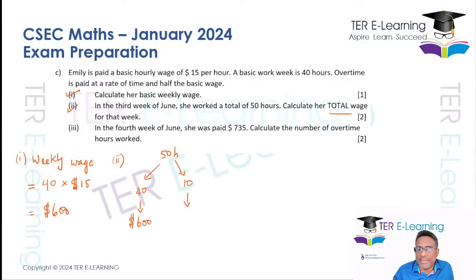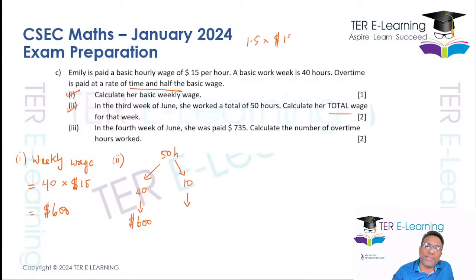Now, overtime is paid at time and a half. Like I said yesterday, overtime is paid based on time and a half, double time, or triple time. So if it's time and a half, it's going to be 1.5 multiplied by $15.